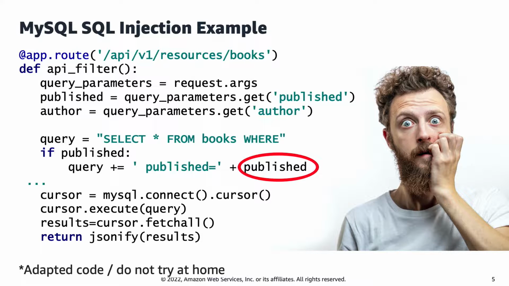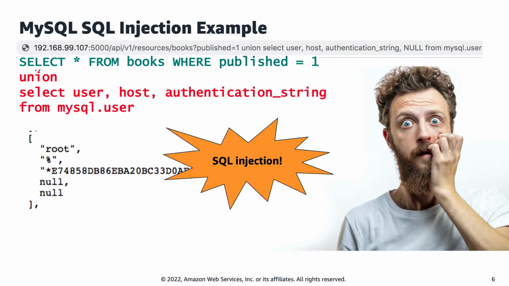So what's the problem with it? The problem here is that you can inject SQL on top of the normal SQL. The green one here is the original query that is generated by the code.